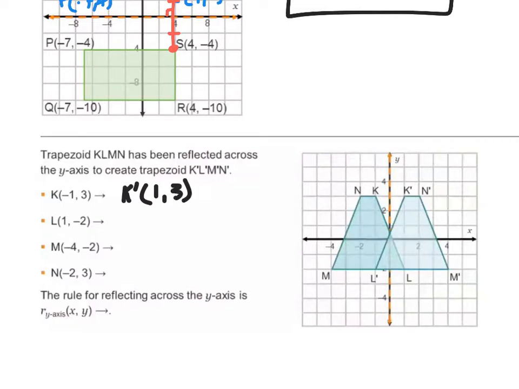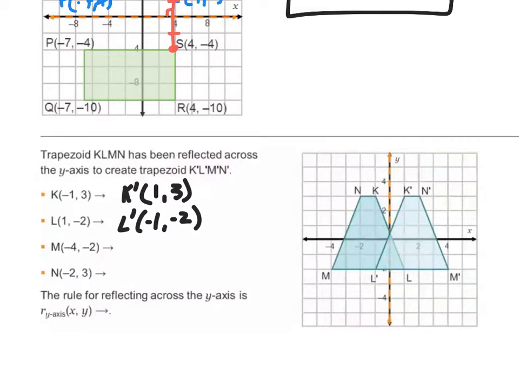On the next one, we've got point L, and that's over here. That's the point 1, -2. If we reflect that over, L prime is going to be -1, -2.